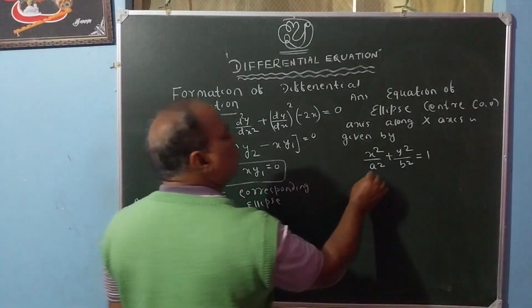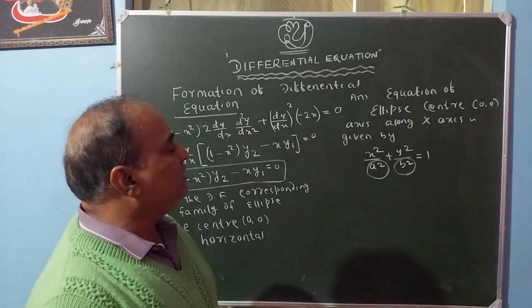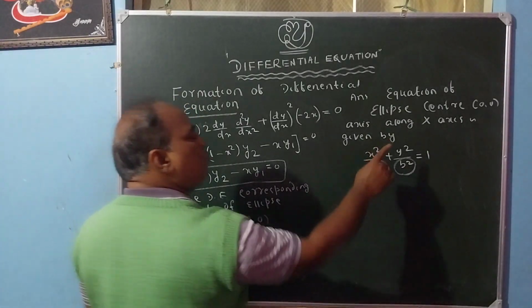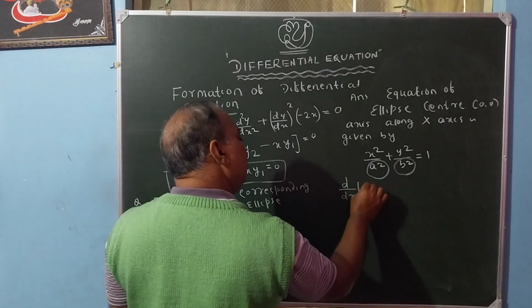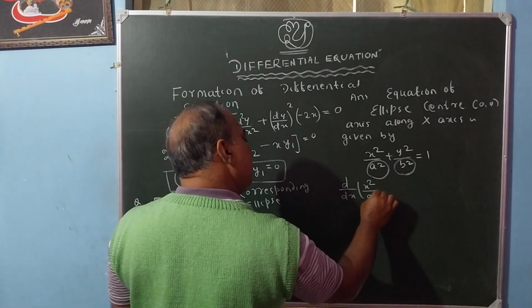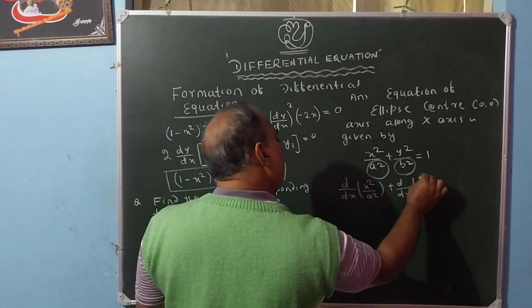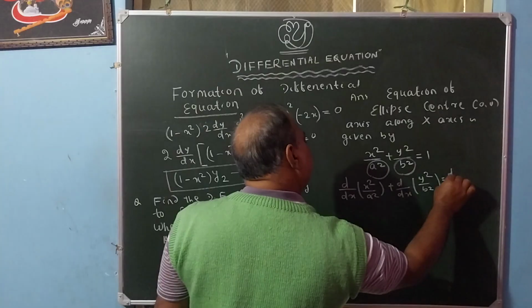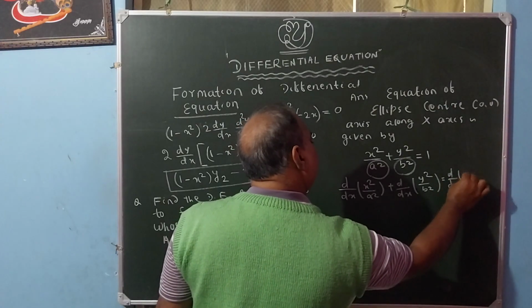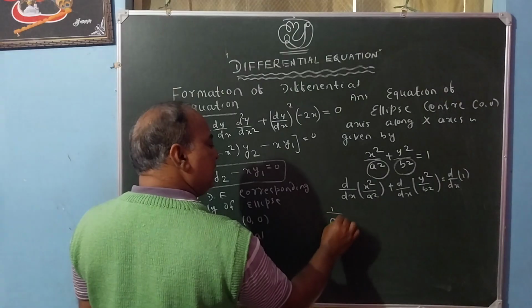So here there are two arbitrary constants. One is a square, another is b square. Differentiating on both sides with respect to x. So d/dx of x square by a square plus d/dx of y square by b square is equal to d/dx of 1. 1 by a square is a constant, so that comes outside.